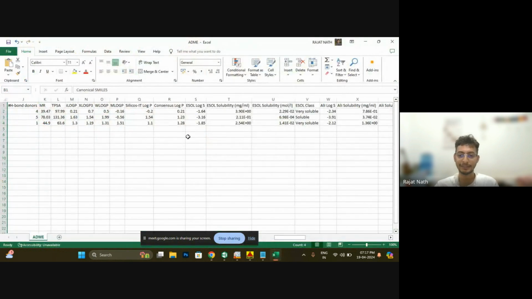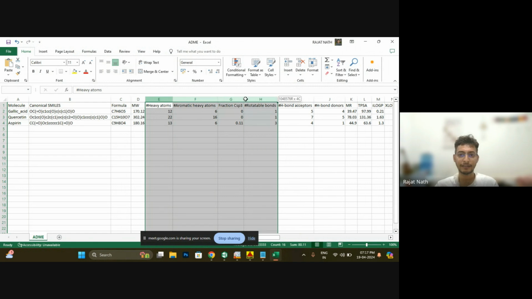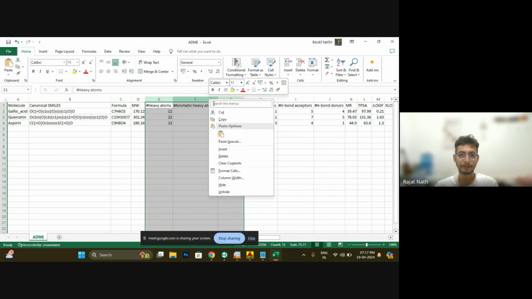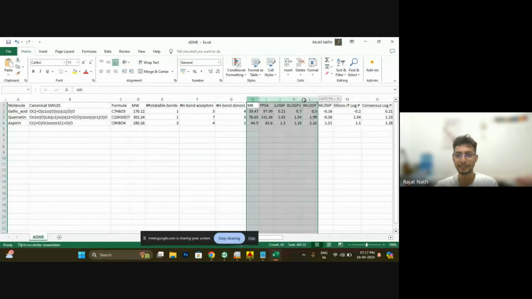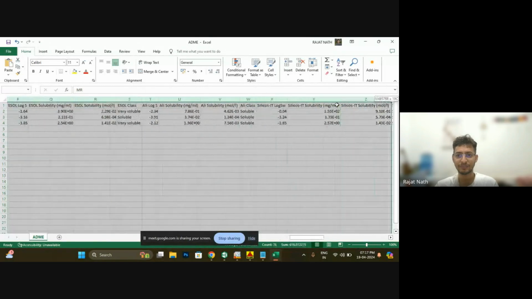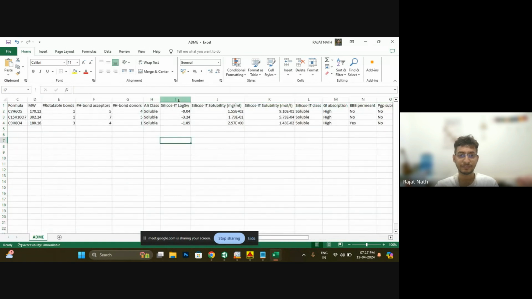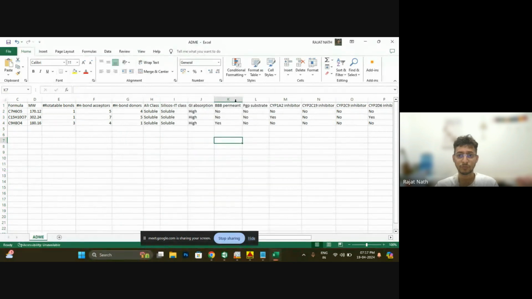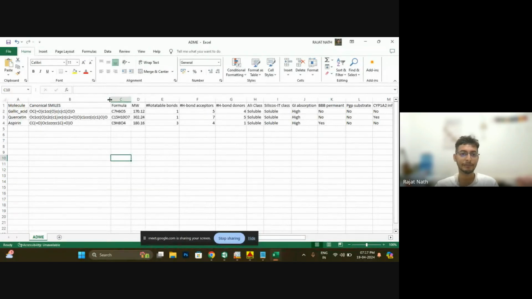And this is the Excel file I have downloaded earlier. You can delete the unnecessary parameters. I am deleting those things. So like that, you can give a table in your manuscript.